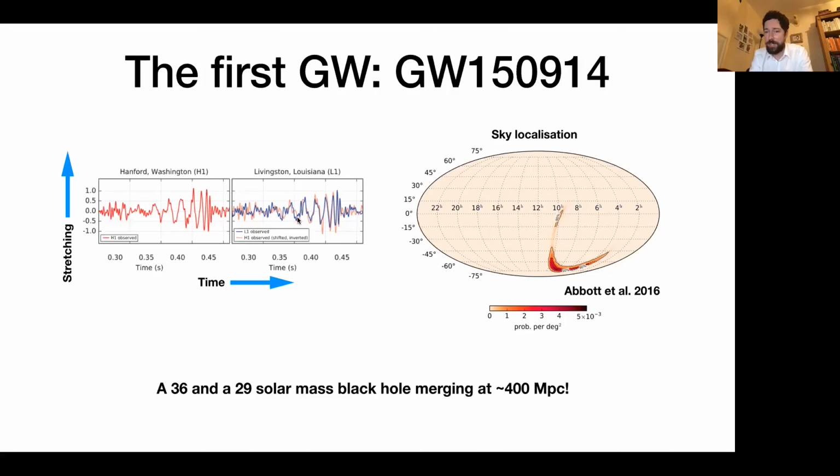When you do triangulate their position, you find that these gravitational waves must have come from somewhere in this region on the sky. So somewhere in the southern hemisphere, most likely. So you can see the colored contours show where this gravitational wave was most probably emitted from on the sky.